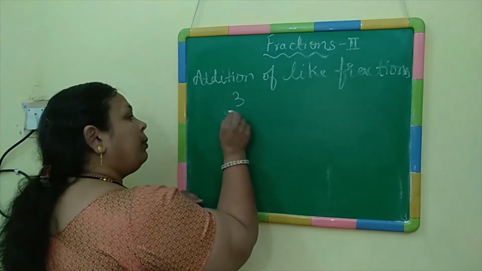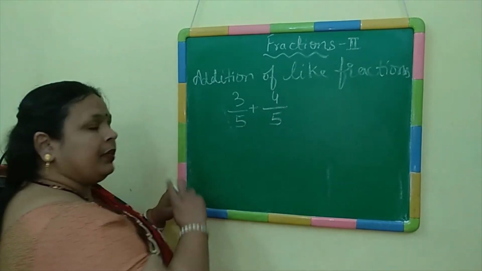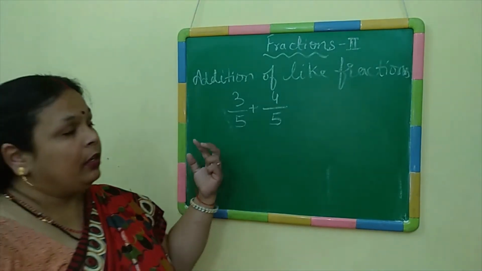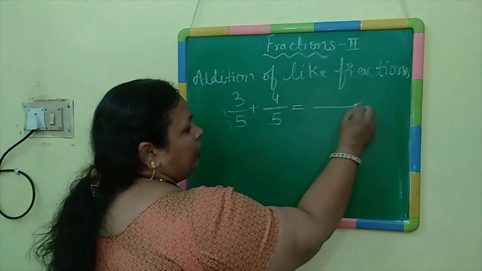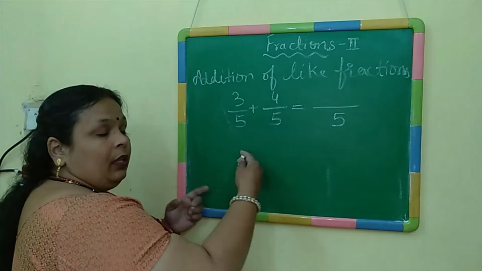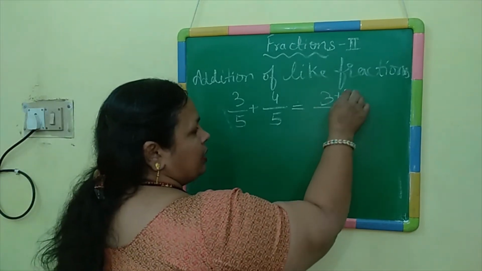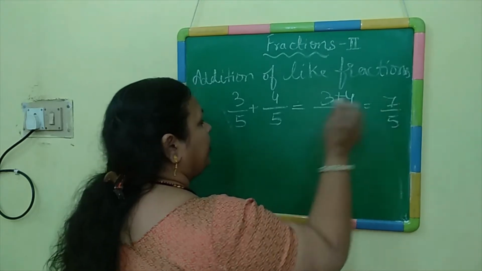If you take 3 by 5 plus 4 by 5, both are like, isn't it? We are going to add them. How? We will write 5 as the common denominator, because they are like. Now, 3 plus 4 is 7 by 5.